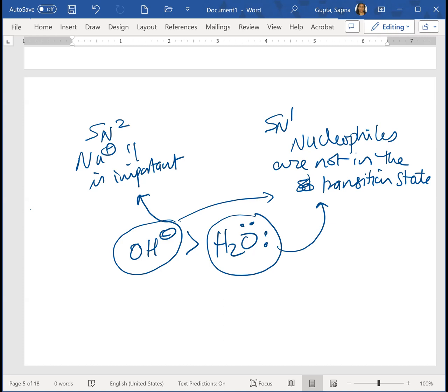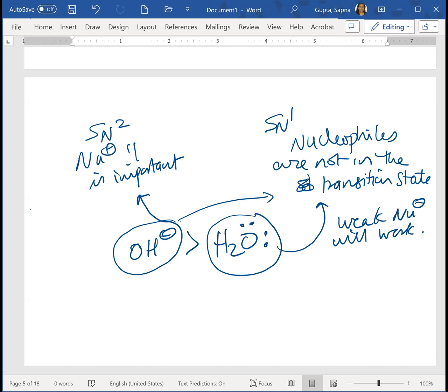We will write the mechanisms out for SN1 using water also. I wrote the one with the hydroxide, but we'll write with water too. So for SN1, your nucleophiles don't need to be so strong. Weak nucleophiles will work, but not for SN2. For SN2, you really need to have a good nucleophile.